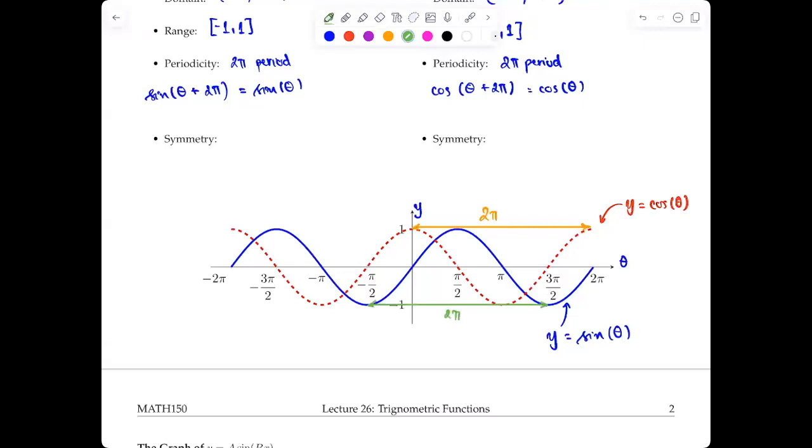Now, again, when you look at the graph, you can see that the sine function is symmetrical with respect to the origin, and the graph of the cosine function is symmetrical with respect to the y-axis. Because of that, sine is an odd function.